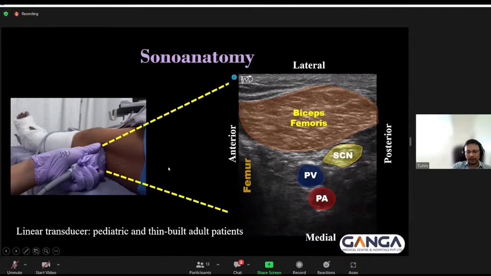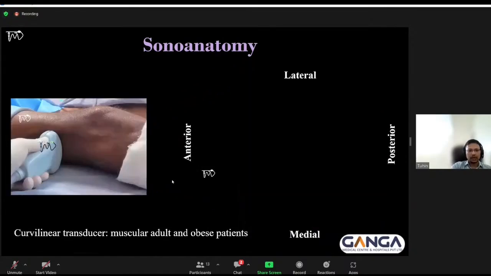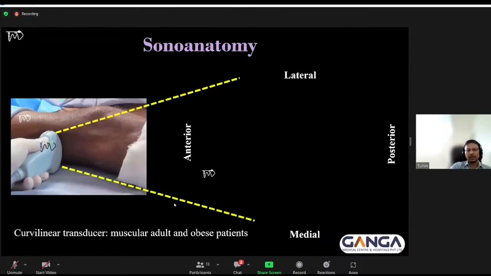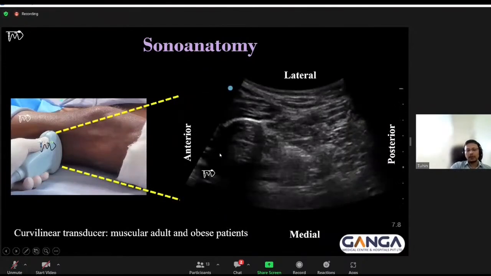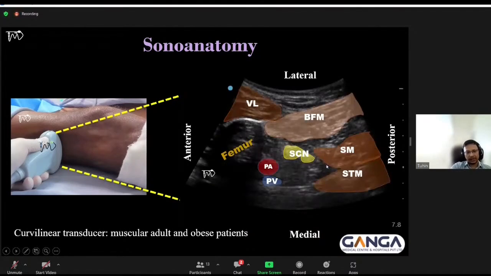Popliteal vessels may or may not appear in the image depending on the level of scanning. With the curvilinear transducer, which you might need in muscular adult or obese patients, you will find the femur, the vastus lateralis muscle, biceps femoris, semimembranosus and semitendinosus on the posterior side, and the sciatic nerve with the popliteal vessels.